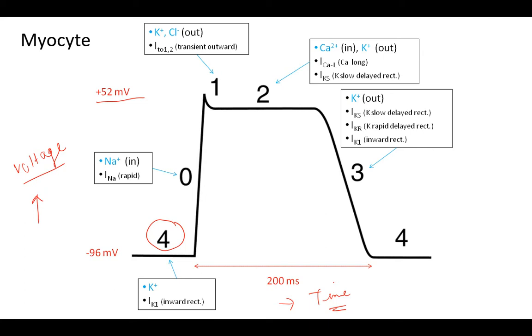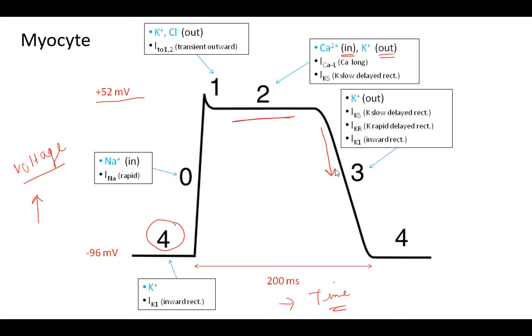Through the delayed rectifier potassium channel, potassium moves out, and through the L-type calcium channel, calcium enters the cell. So calcium in and potassium out, and these 2 currents balance each other, so there is a plateau in phase 2. In phase 3, potassium out continues, but calcium channels are closed. As a result, the cell repolarizes.